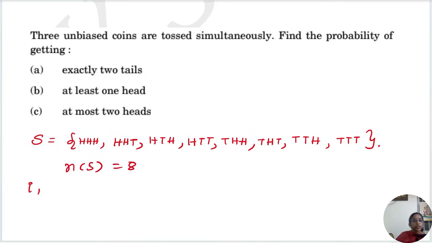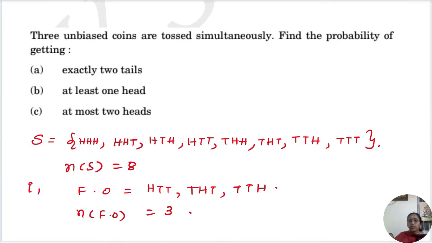So for the first subdivision, exactly 2 tails. What are the favorable outcomes here? HTT, THT and TTH. So exactly 2 tails we are asking. So the number of favorable outcomes is equal to 3, and the total is 8.